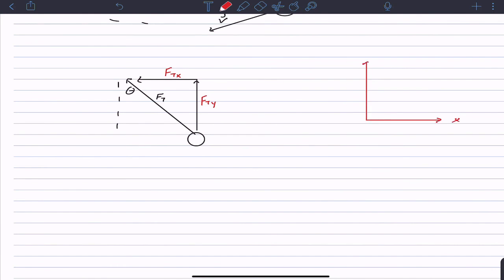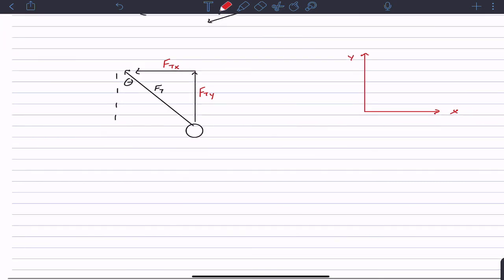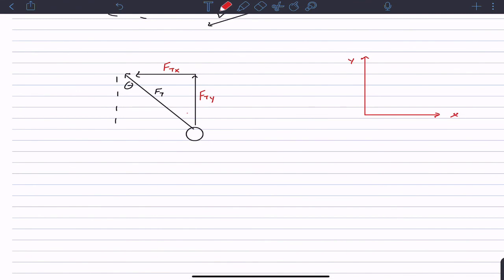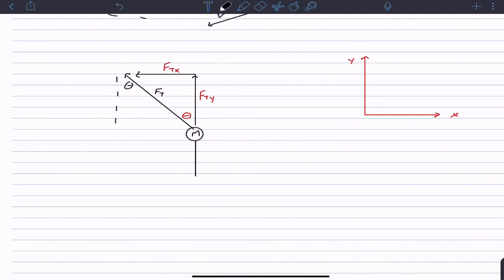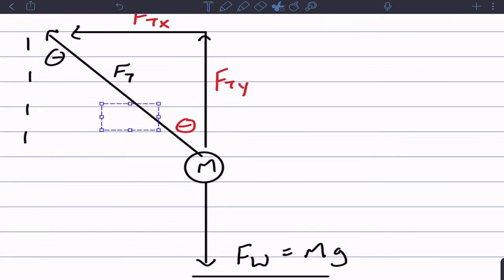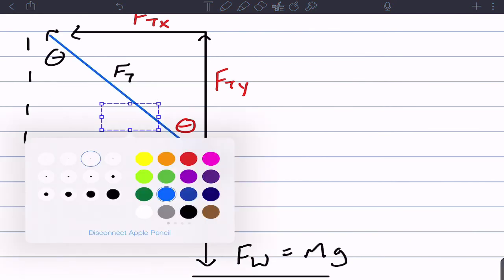This is x, this is y. We also know that this is theta. What else do we know? This is our mass m, and because it has mass, it has a weight force, so this is mg. So we have essentially just two forces acting on our pendulum bob.